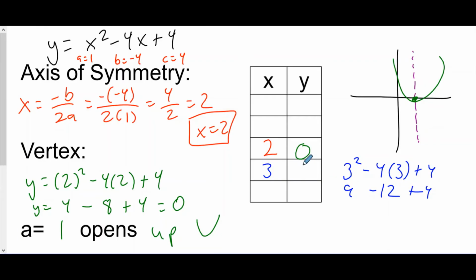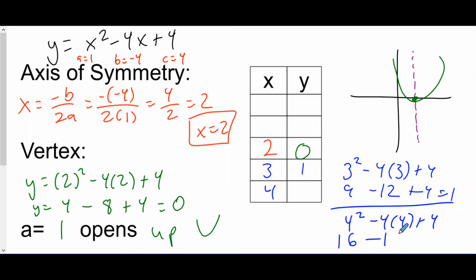Plus 4 is 1. How about 4? Well, if I put in a 4, 4 squared minus 4 times 4 plus 4, that's going to be 16 minus 16, which cancels out, plus 4, so I get 4.